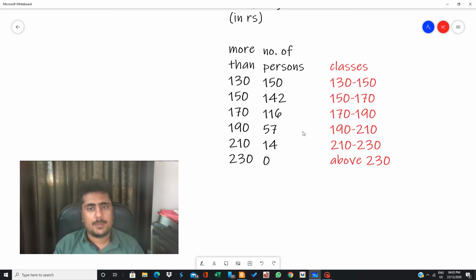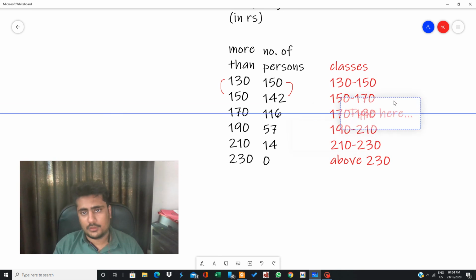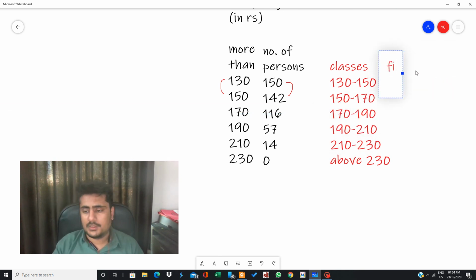Now, if I want to find the frequency for the class 130 to 150, this particular gap I have to put as a frequency. So for class 130 to 150, my frequency is 8, that is 150 minus 142. Got my point?